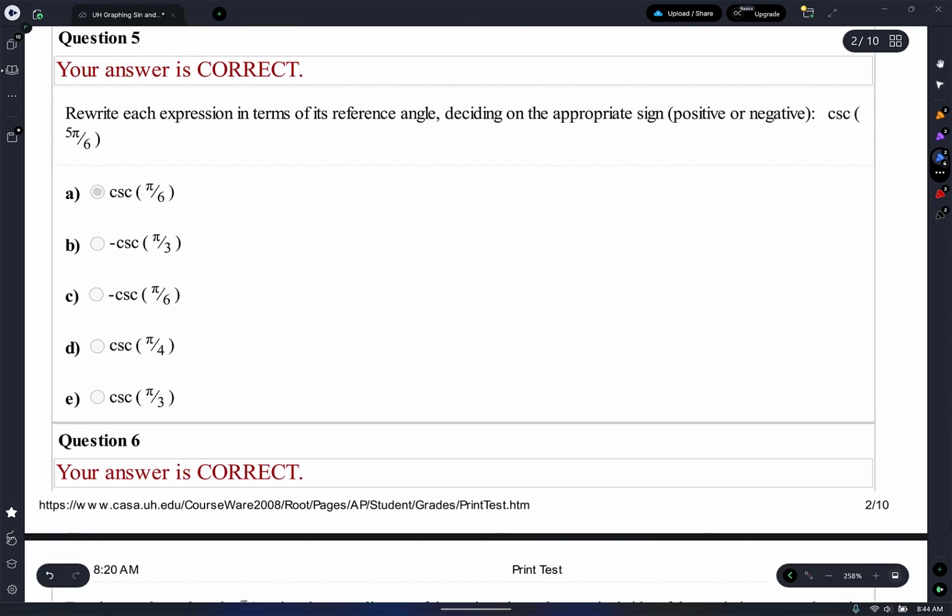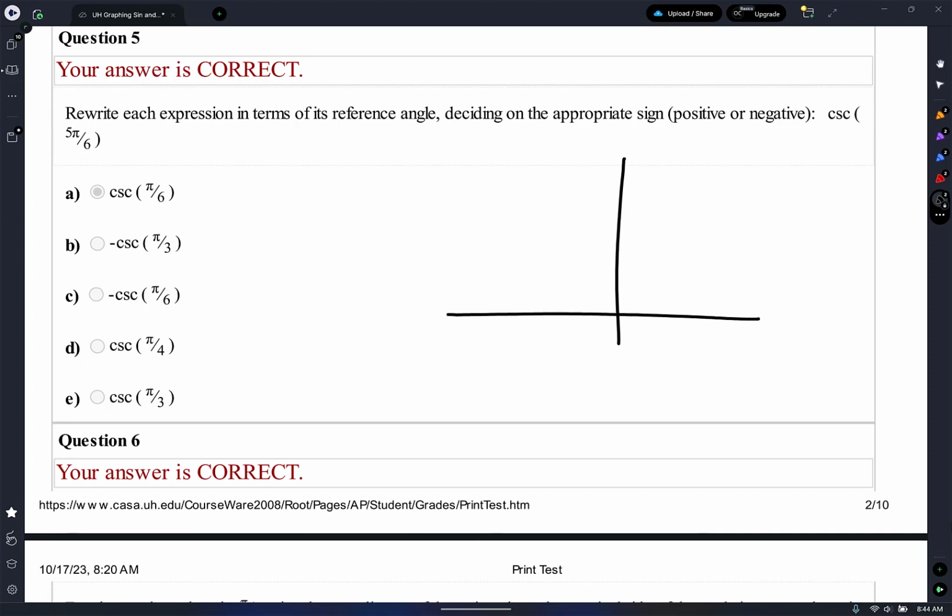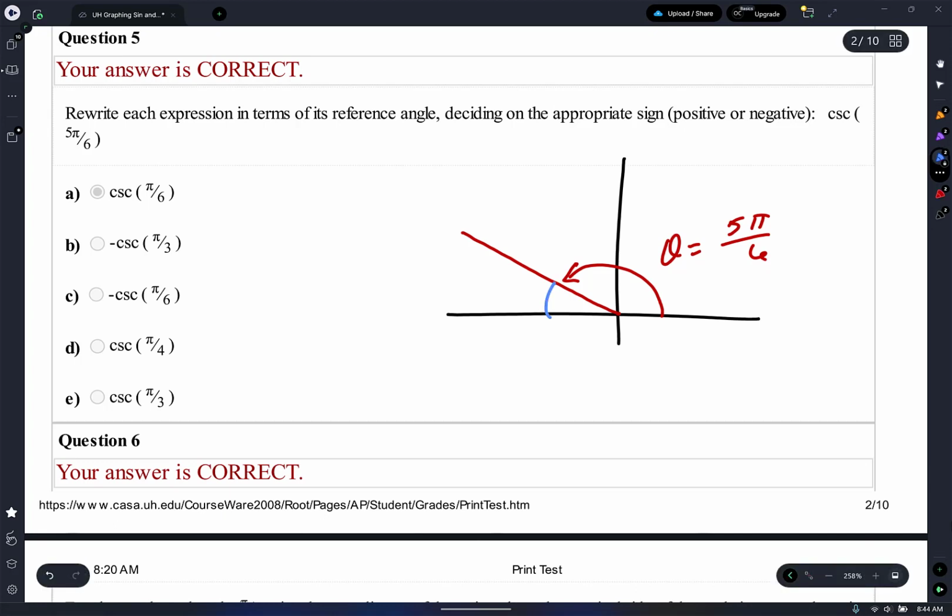Okay, question 5. Rewrite each expression in terms of its reference angle, deciding the appropriate sign. They want cosecant 5 pi over 6. That's in quadrant 2, so I'm just going to exaggerate quadrants 1 and 2. Here we go, there's 5 pi over 6. Here is my reference angle.